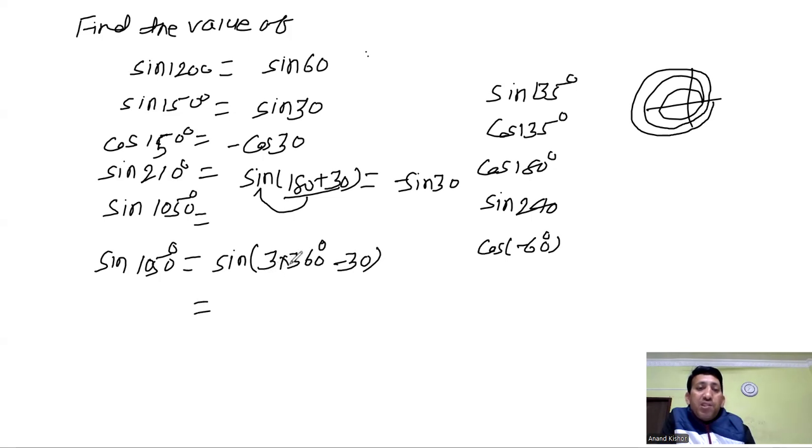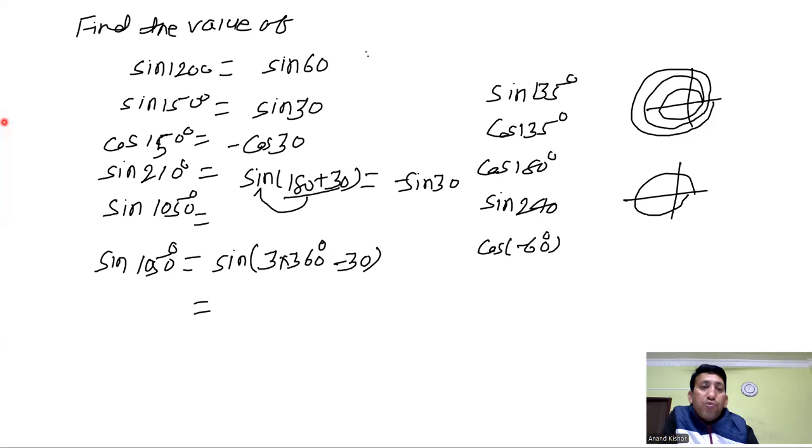Now see, this is 3 into 360. This is 1 into 360, this is 2 into 360, this is 3 into 360. 3 into 360 coming on the x-axis means here. If I subtract from this, it will go to the fourth quadrant.